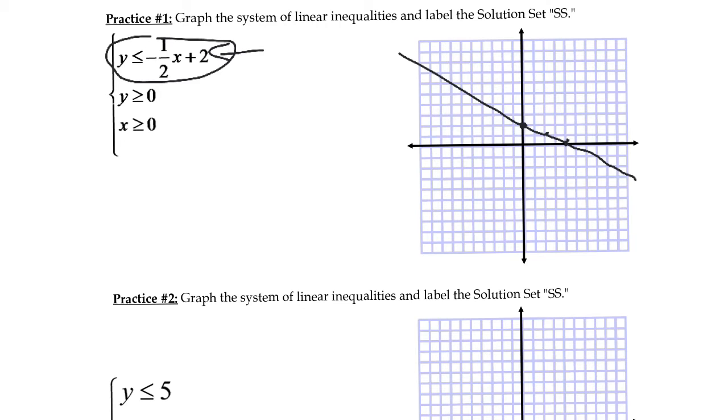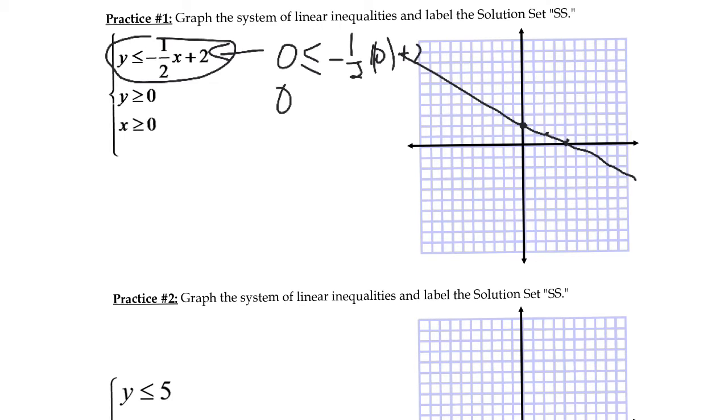And again, I'm doing this without a ruler, so my line is not straight. Now the question is, are we supposed to shade it below the line or above the line? Okay, so test (0, 0). If you test (0, 0), you get 0 is less than or equal to -1/2 times 0 plus 2.